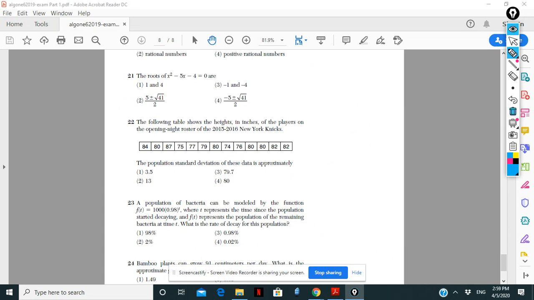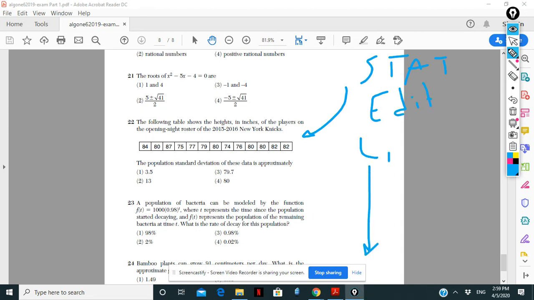Question number 22. The following table shows heights in inches of New York players on opening night. And he's asking about the population standard deviation. So I can use the calculator. I go to stat, edit. After that, in L1, in the column, I enter all the data.